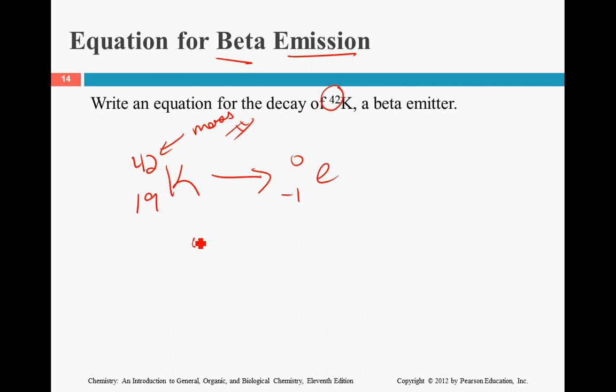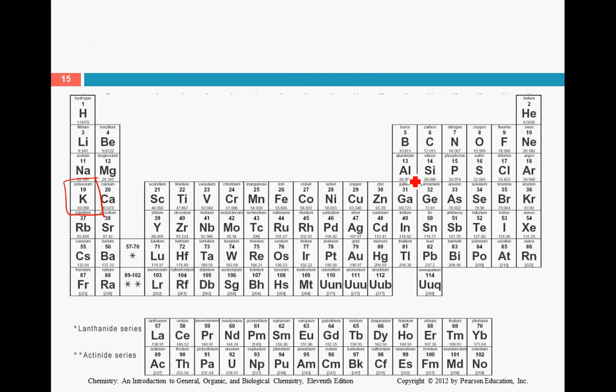So 42 is equal to 0 plus x. X is equal to 42. So that means this top number is still 42. The bottom number, 19, is equal to -1 plus x. So we add 1 to both sides. The bottom number is 20. The new element is now calcium.